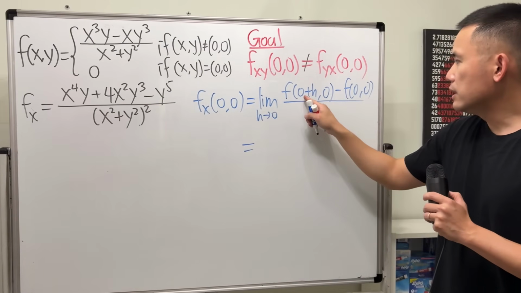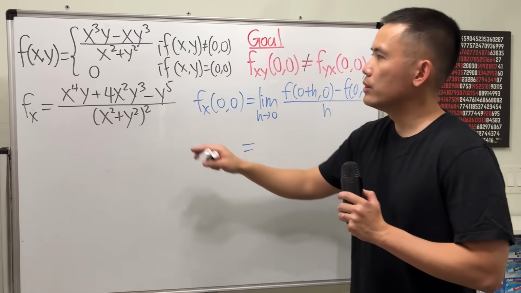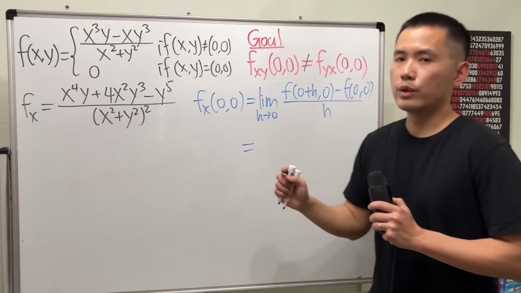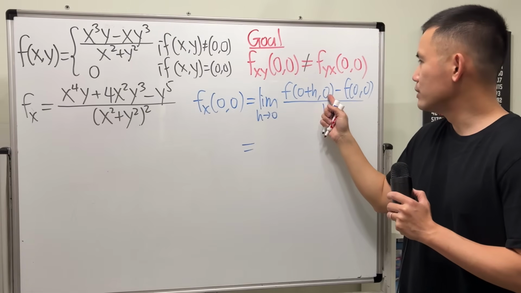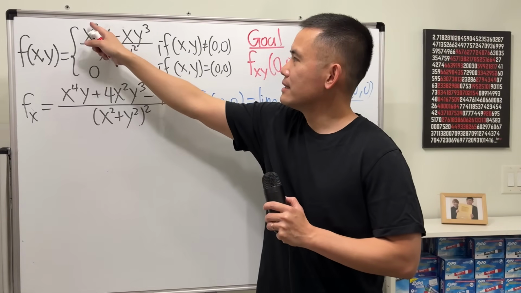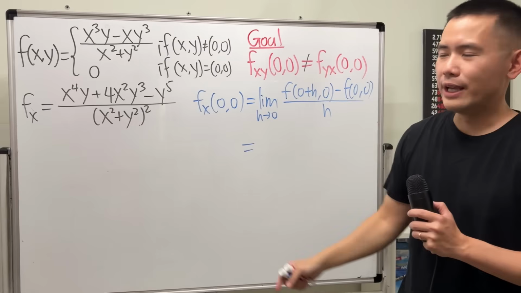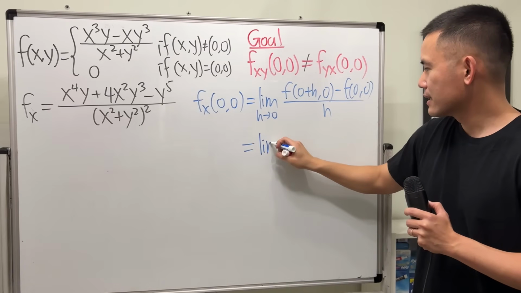Okay, so this means I put h into all the x's, and then I put 0 into all the y's. But if I put 0 into all the y's, that is 0, that's 0, and then we have 0, so it's like 0 over h squared. So I will write that.